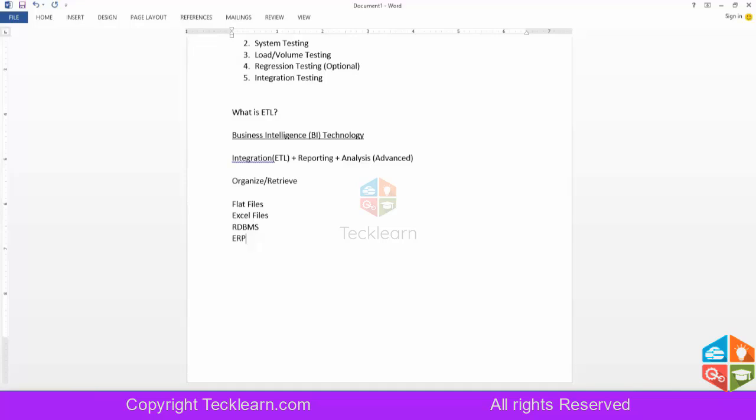Then what we do is collect that data and get it to a single source, which can be called a data center, a single database, also called an operational data center, ODC, anything, you name it.